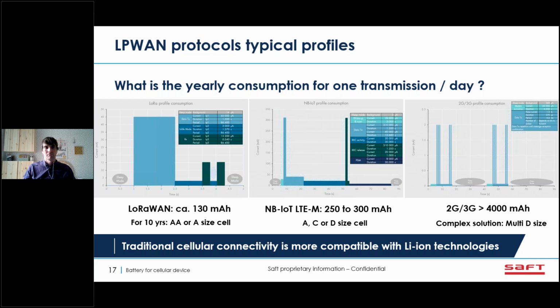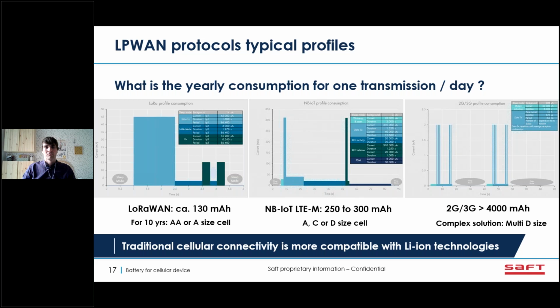For traditional cellular connectivity, 2G, 3G, the consumption will be higher than 4 ampere hours per year. So clearly, traditional cellular connectivity is more compatible with lithium-ion technologies, which are designed for high current rates and periodic recharge, than with primary cells in standalone systems.